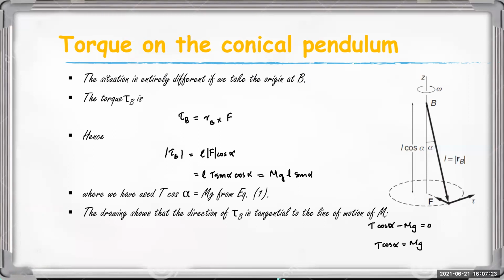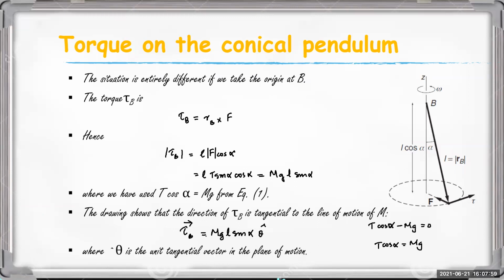Then the tau B vector is equal to mgL sin alpha, and that direction is theta cap, mgL sin alpha theta cap, where theta cap is the unit tangential vector in the plane of motion.